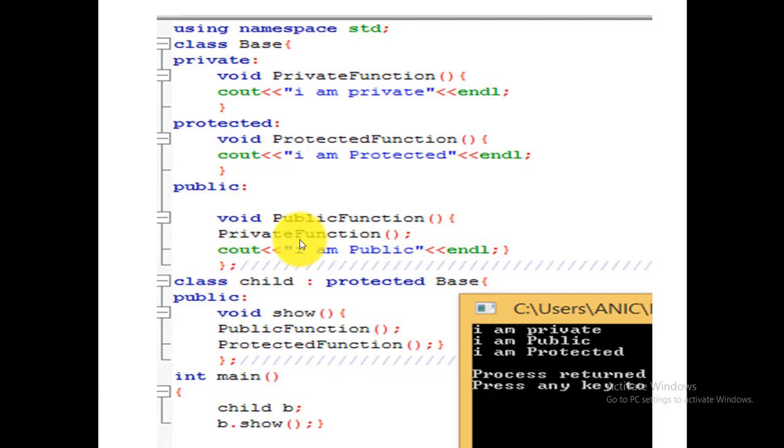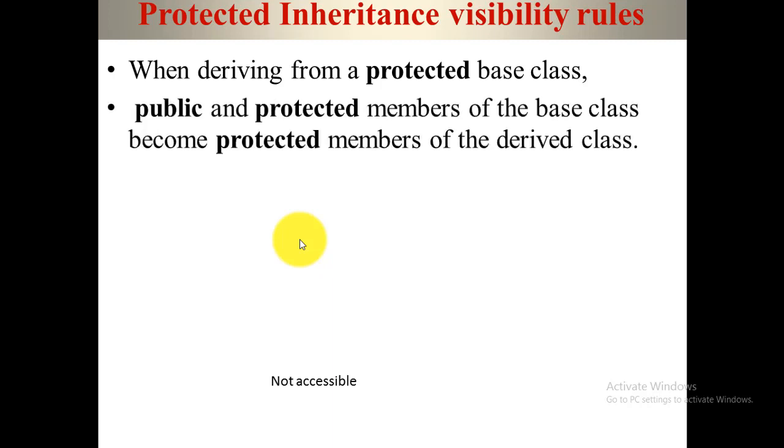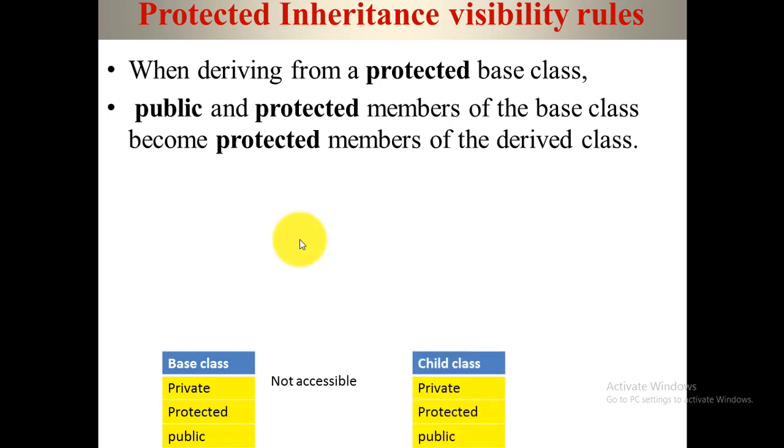Let's summarize. In protected inheritance, when a child class is derived from a protected base class, the public and protected members of the base class become protected members of the derived class. The public members of the base class become protected, and the protected members, as we know, are already protected.